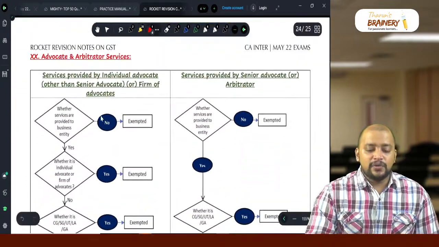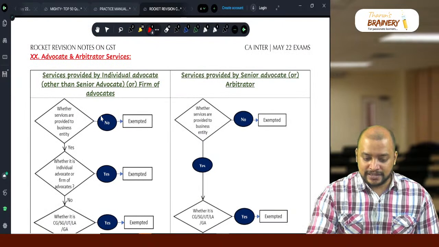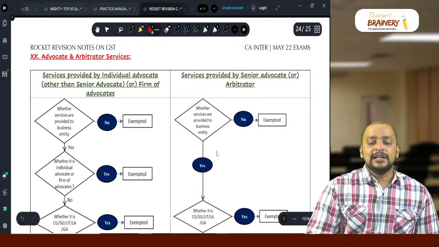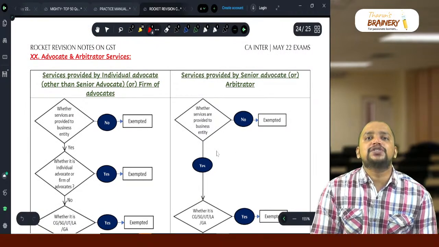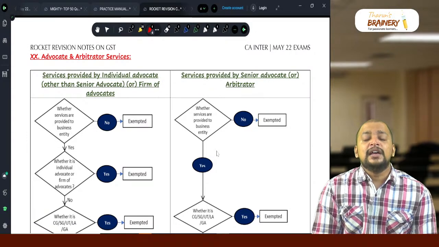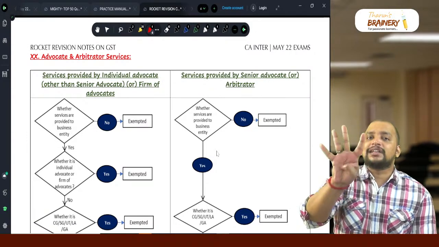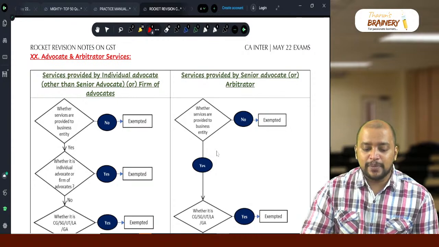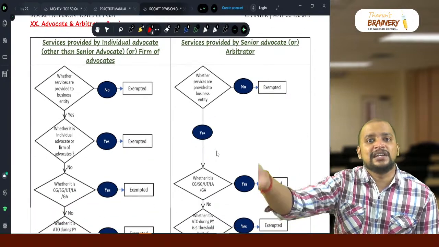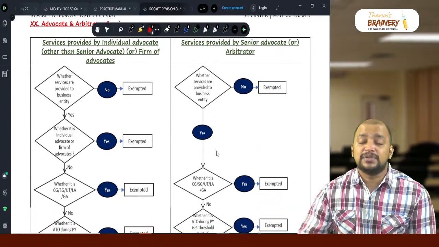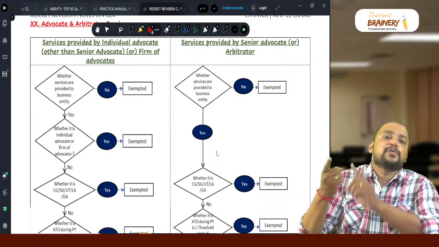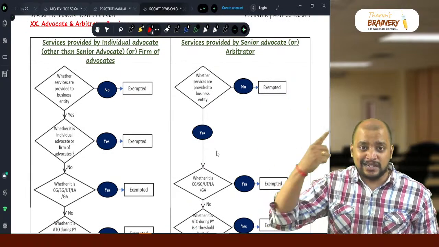Next, advocate and arbitrator services. So there are two categories here. Services provided by individual advocate other than senior advocate, and firm of advocates. 4 exemptions are there. Number 1, if they provide services to a person other than business entity, it is exempted.